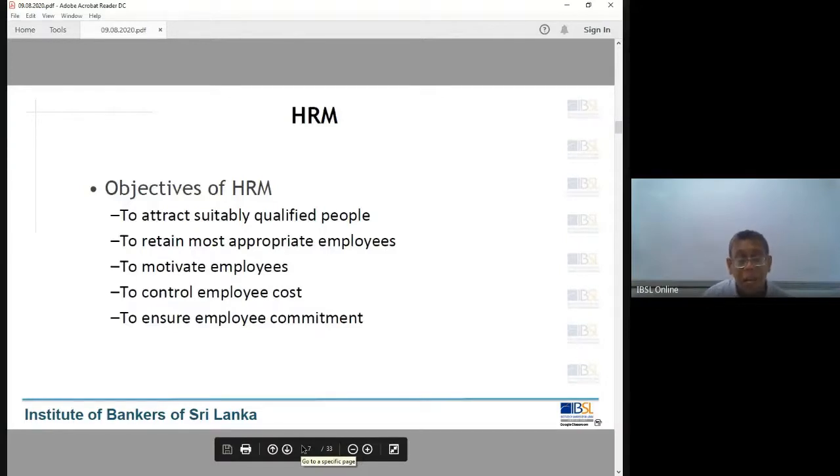An HRM objective is to attract suitably qualified people, the right people to do the right job. That's an objective. Not only recruiting: once you take them, it is one of the objectives of the HR department to retain the most appropriate employees you have taken into the office.